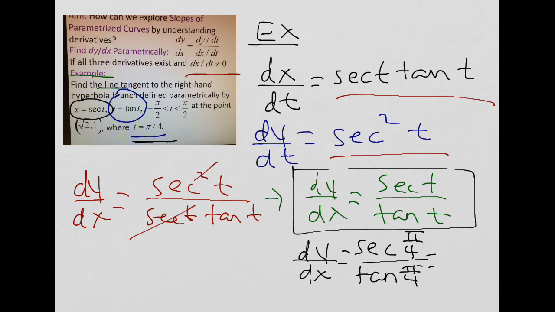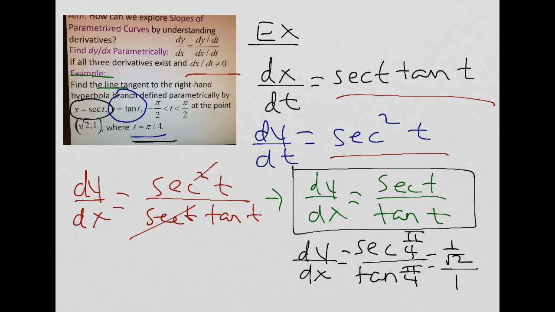And at that point, we find dy over dx. So secant of pi over 4, okay, is the same as 1 over cosine of pi over 4. And the cosine of pi over 4 is 1 over radical 2. And tangent of pi over 4 is 1.